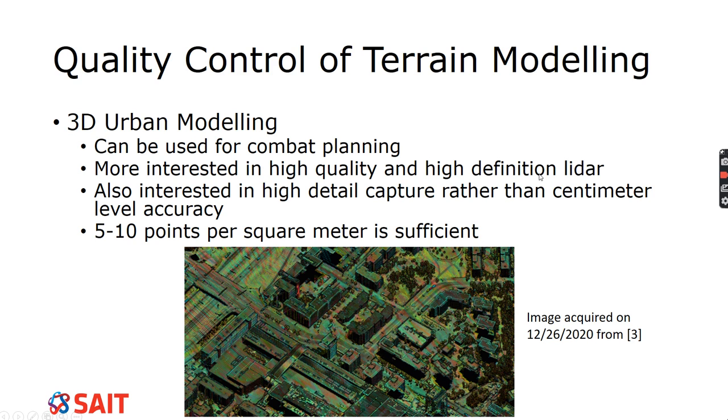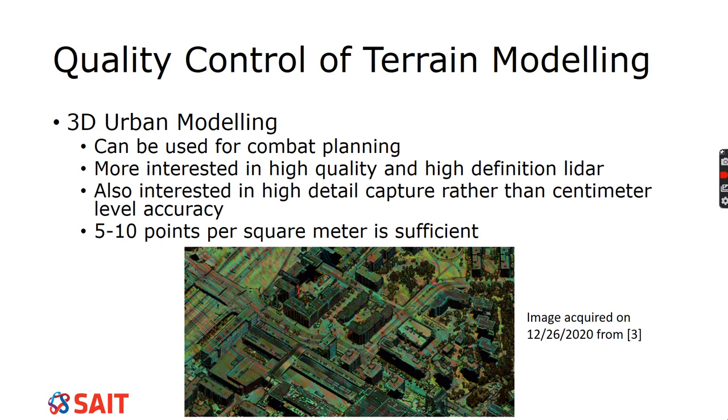So if you were to put something on your computer screen, let's say an HD computer screen, and you were playing a video game, do you really care about the accuracy of the terrain around that video game? Probably not, because you're not going to sit there and measure the centimeters. I've seen video games, I think it's Fortnite maybe, where you can actually press into the wall.